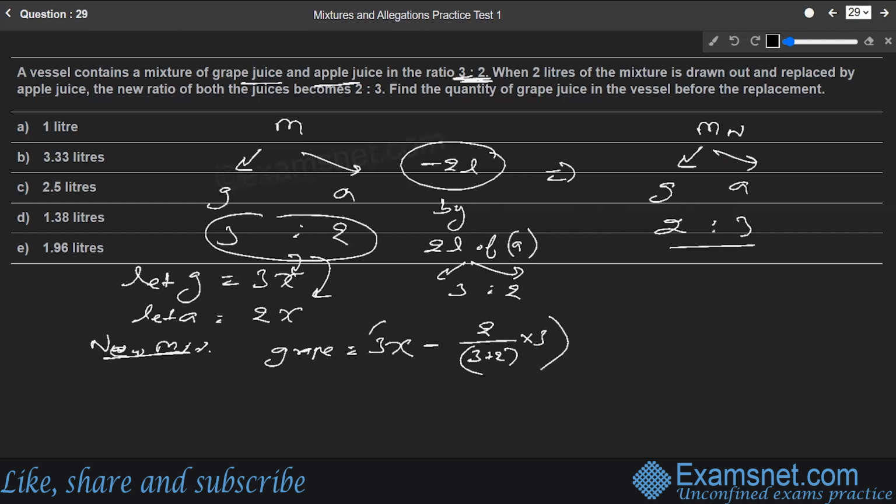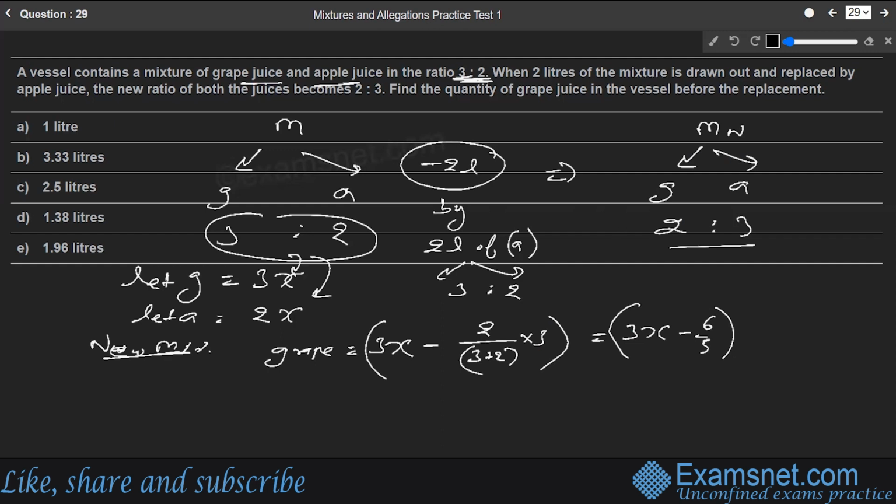So this is the removal of grape juice. If we solve this further, it comes out to be 3x minus 6 by 5 liters. So this much of the grape juice is left after 2 liters has been removed.